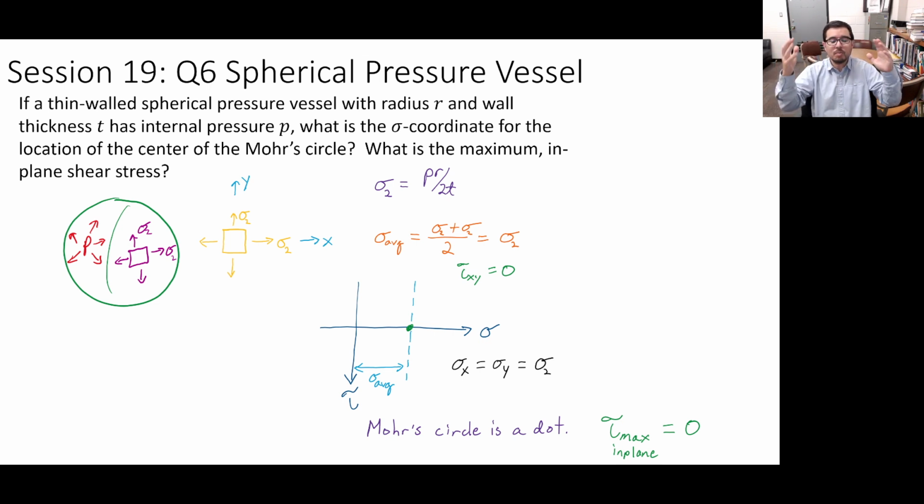It's a sphere, it's a ball, right? And so if we take any element on that sphere, we already kind of know the state of stress is going to be sigma 2, sigma 2 for two orthogonal axes. And we rotate this any amount, and Mohr's circle confirms what we might have already known. There's never going to be any shear stress, at least in that plane.